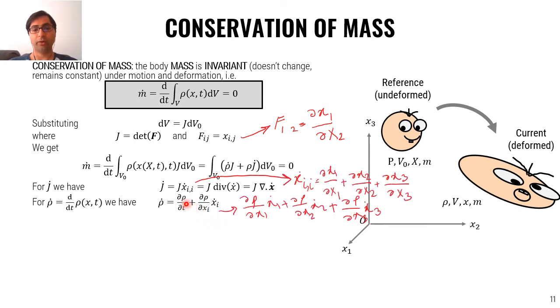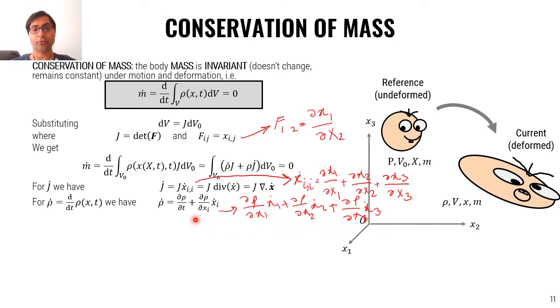For example, the divergence of x dot, which is x dot_i comma i, is equal to partial x1 over partial X1 plus partial x2 over partial capital X2 plus partial x3 over partial capital X3.